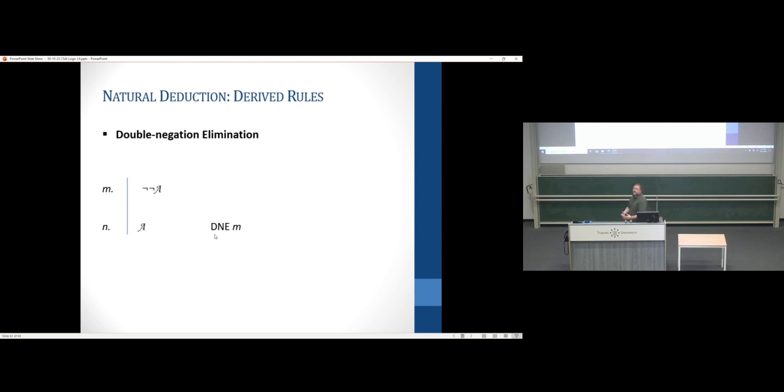Another derived rule to make your life easier is double negation elimination. If you have not not, then you can derive a sentence minus those two negations. Note, we have double negation elimination. We do not, unfortunately, have a rule for double negation introduction.